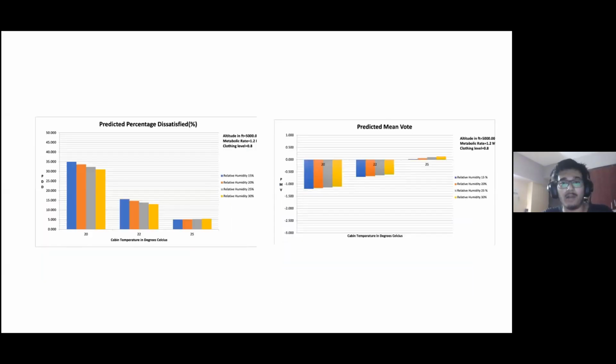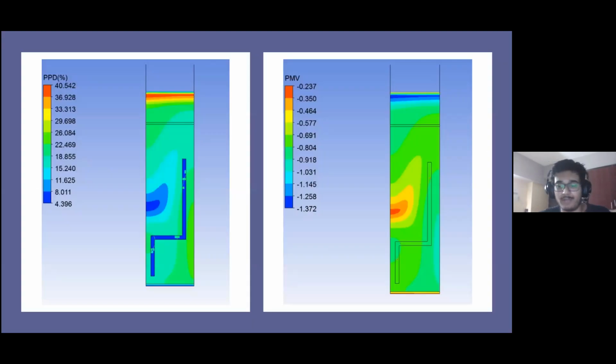Based on what we're getting from this data, we have drawn some conclusions which can be very useful for engineers of the future when they're designing an efficient environmental control system. Just keep in mind, as we go on to the conclusions, we have taken 4 different values of relative humidity: 15, 20, 25, and 30%, and 3 different temperatures: 20, 22, and 25.